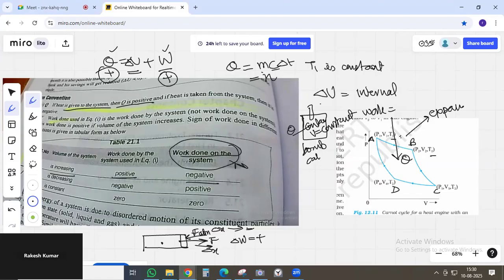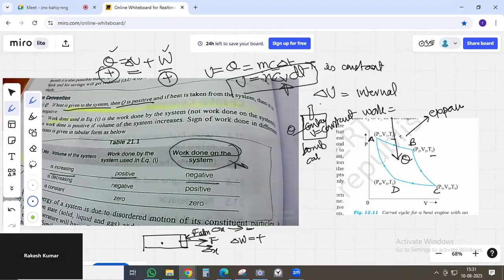So C here is CV, and this is nothing but delta U, because it can't do work. So this is the relation. If you ever have a doubt, you just do this. See, and this is valid for any process. Adiabatic, isothermal, doesn't make a difference, because we are only worried about delta U, and delta U doesn't include work.